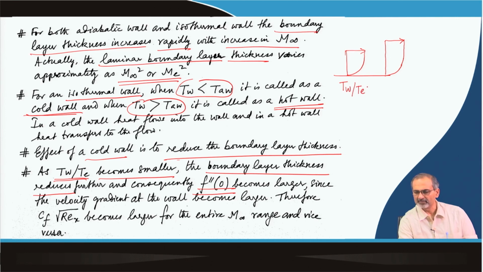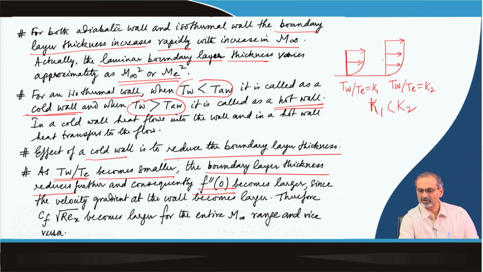Say for this one it is a certain value K 1, while for the other one it is K 2, where obviously K 1 is less than K 2. Then the velocity profiles may look like this. So, here you need to understand that we are not talking about showing the velocity profiles at two different streamwise locations, but it is for the first and the second case.